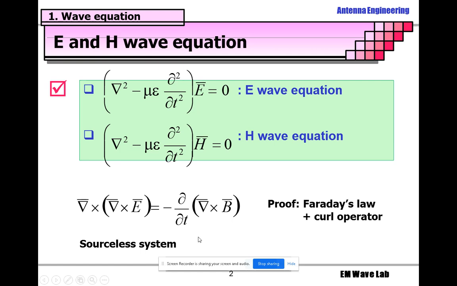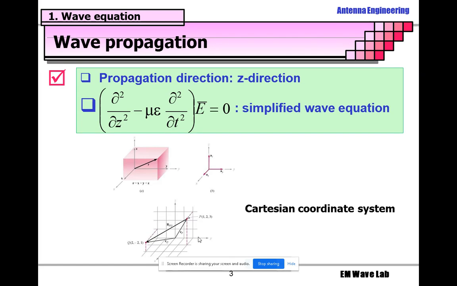So without any source, we are going to use this Maxwell equation for the source free medium. Source free means the medium which will not have any source. This is the wave propagation equation.